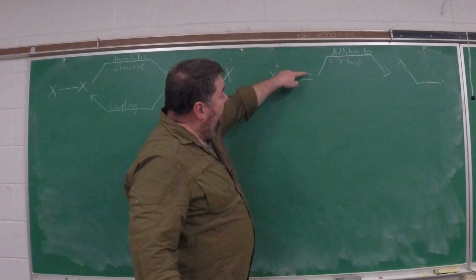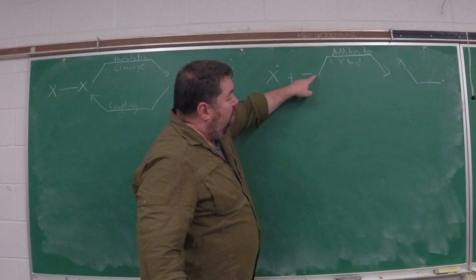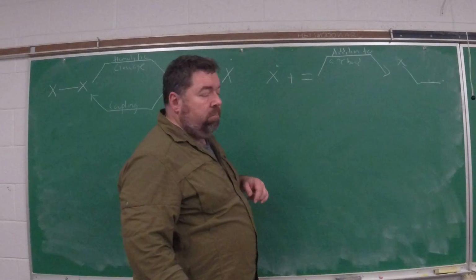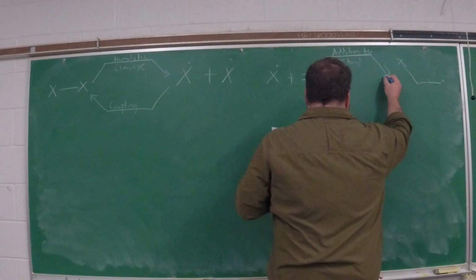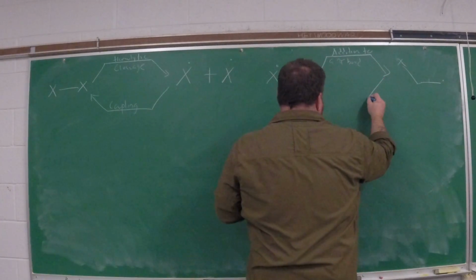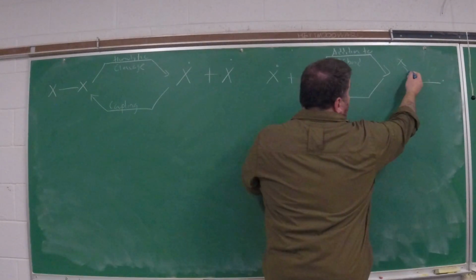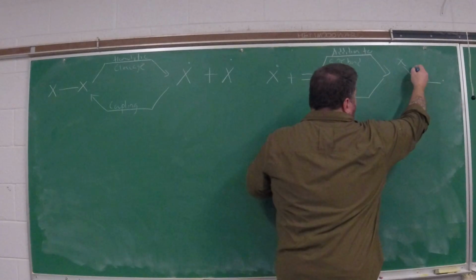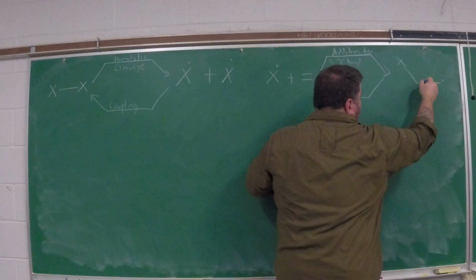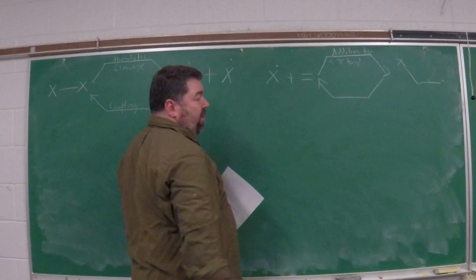Half arrow here, half arrow here, half arrow over to there, right? The opposite of that is elimination, right? Elimination, what happened? Half arrow here, half arrow there, form back your pi bond, get back to free radical, right?